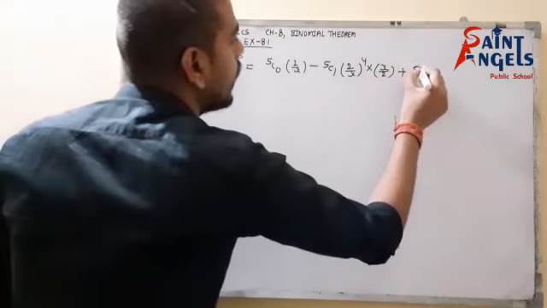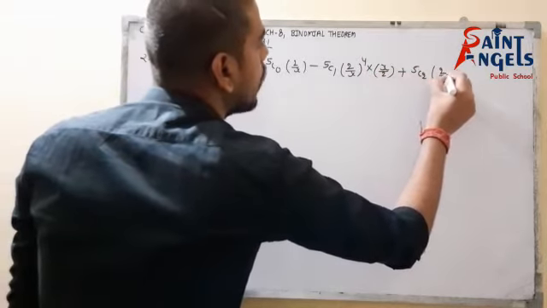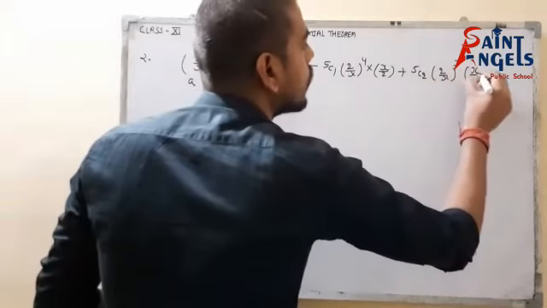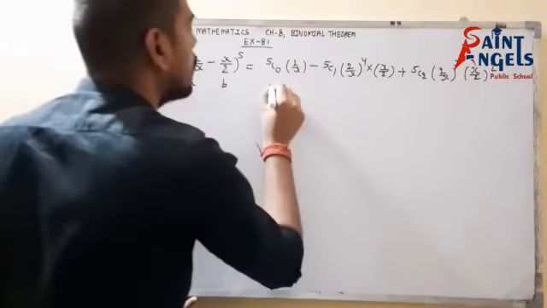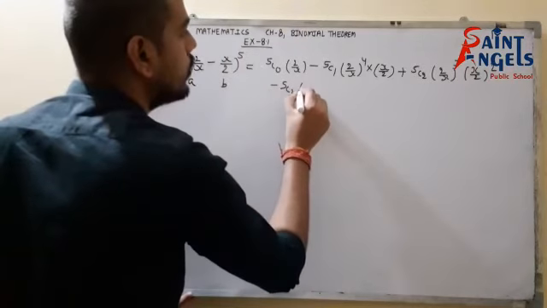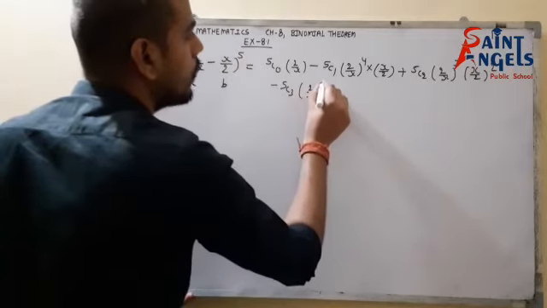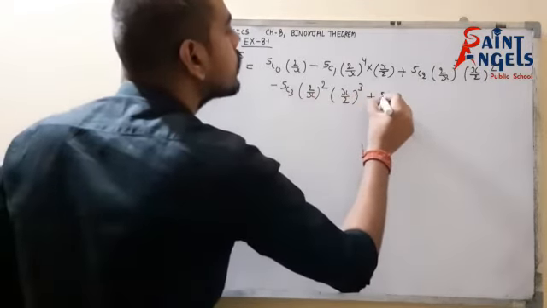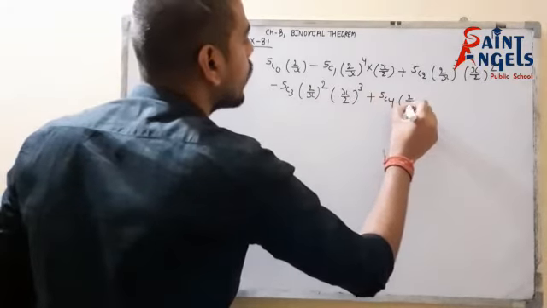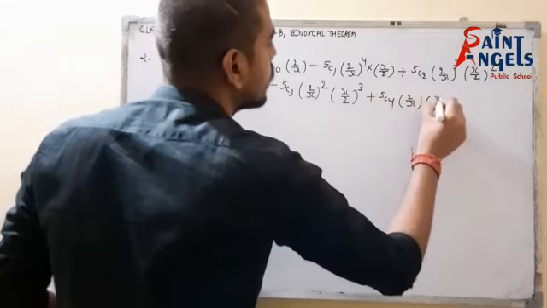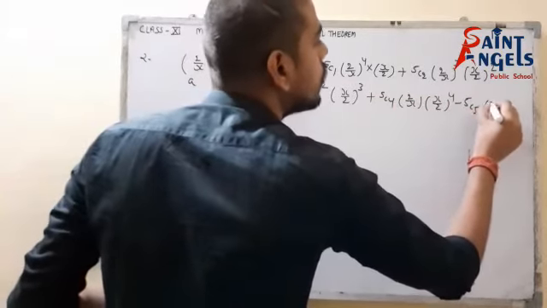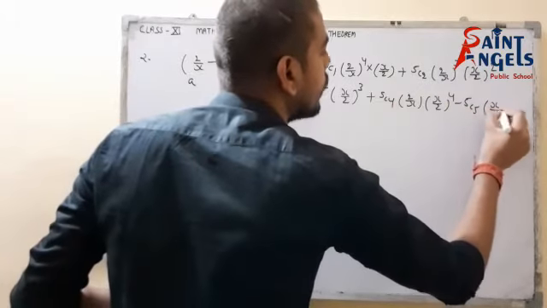Then 5c2, 2 upon x to the power 3, x upon 2 to the power 2, minus 5c3, 2 upon x to the power 2, x upon 2 to the power 3, plus 5c4, 2 upon x to the power 1 and x upon 2 to the power 4, minus 5c5, x upon 2 to the power 5.